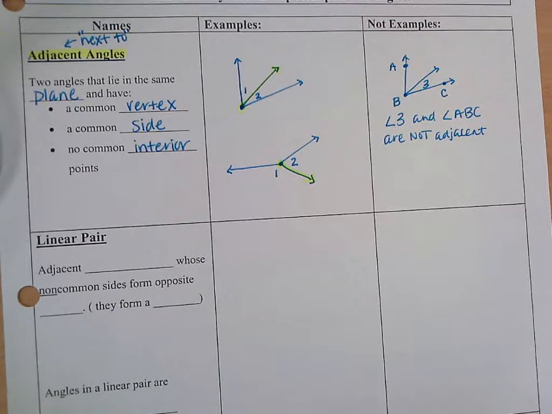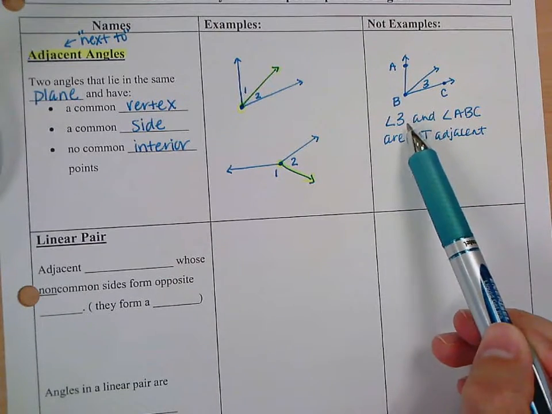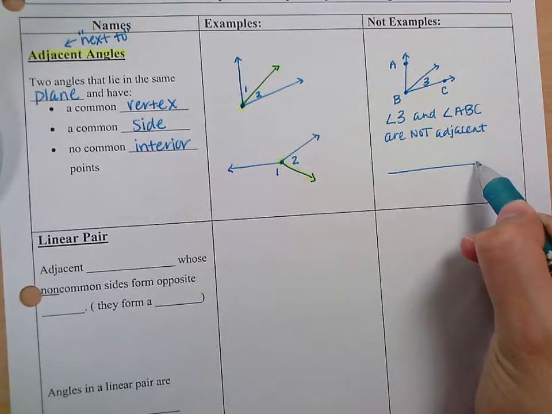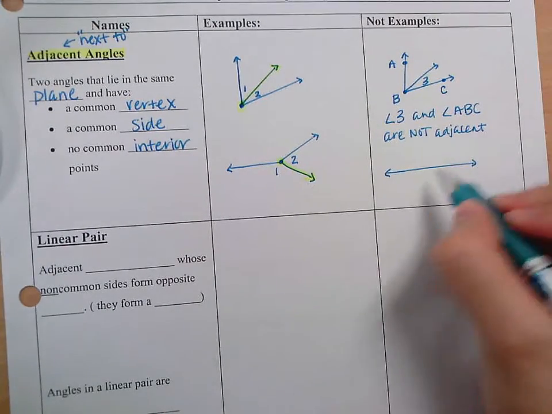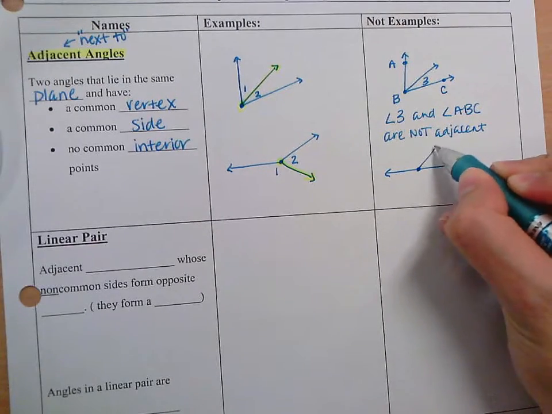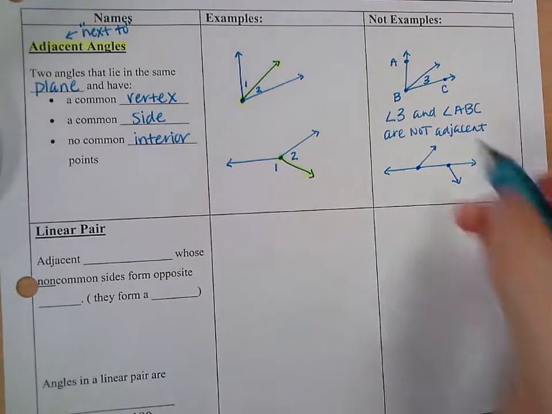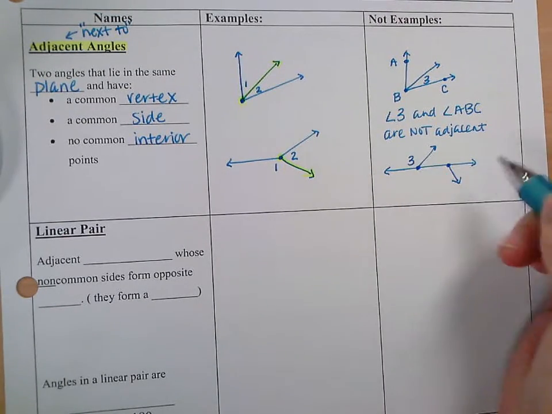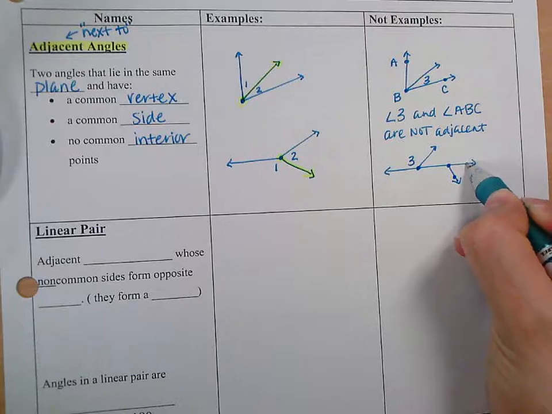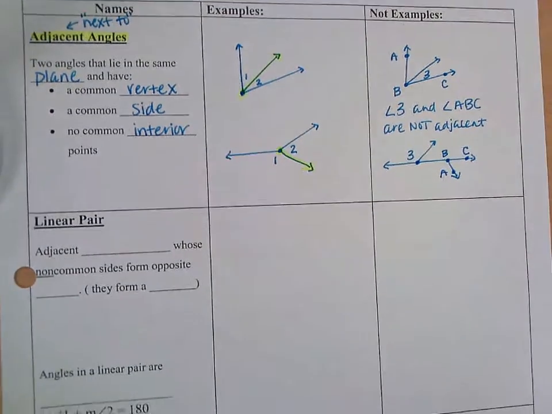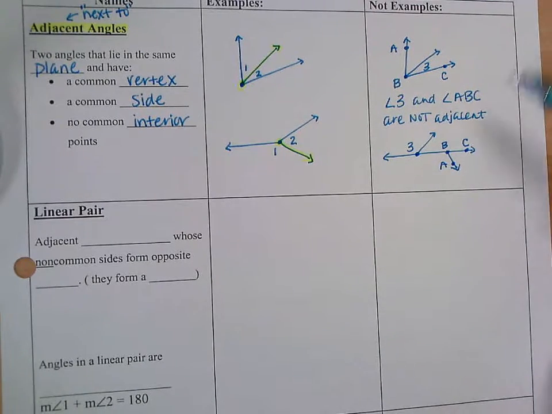Or here, I'll draw another example, and I'll still label angle 3 and angle ABC, but it's going to look a little different here. Sometimes you see pictures like this, kind of looks weird. So if I call this angle 3 over here, and then I have angle ABC here, for both of these pictures, angles 3 and ABC are not adjacent.